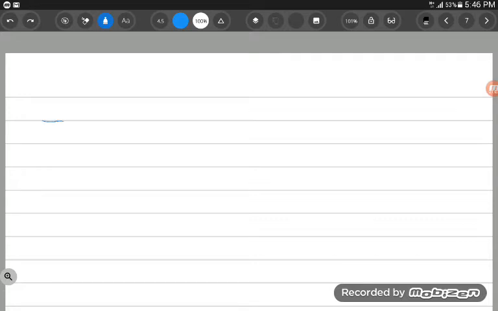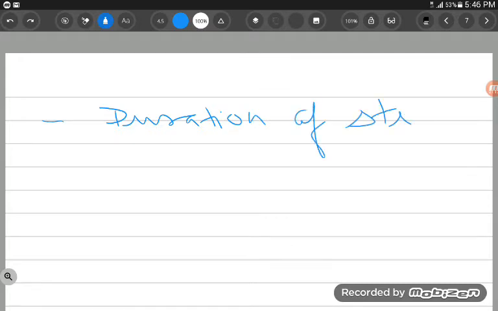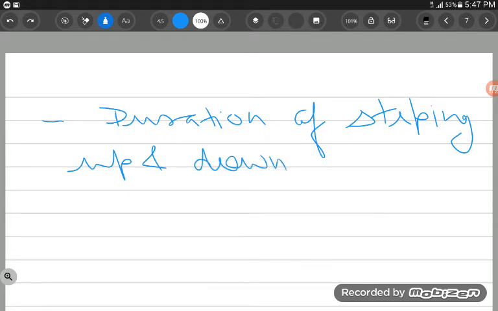Next important point, duration of stepping up and down, in minutes.